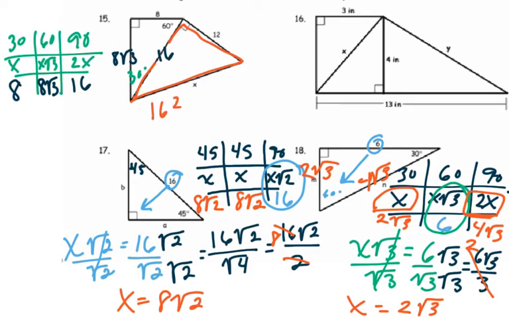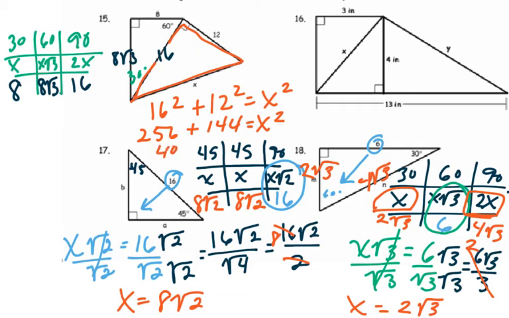Pythagorean theorem says 16 squared plus 12 squared equals x squared. 16 times 16 is 256 plus 144 is x squared. Take the square root of both sides. X is 20.